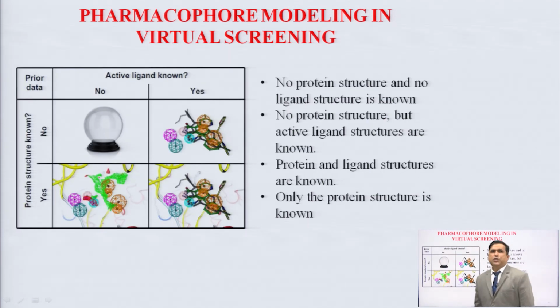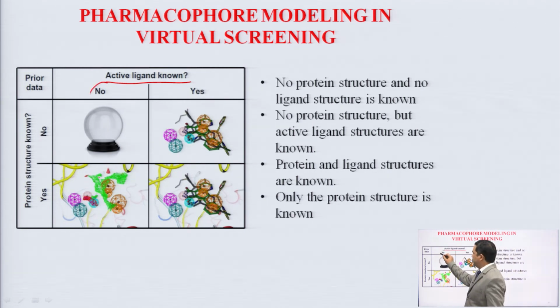Here in pharmacophore modeling in virtual screening, we have 4 boxes. Here we have the active ligands, whether known or not. In the first case, there are no known active ligands and no protein structure.